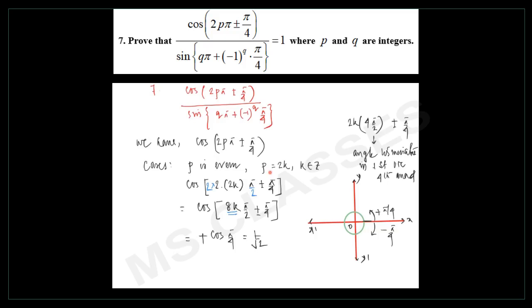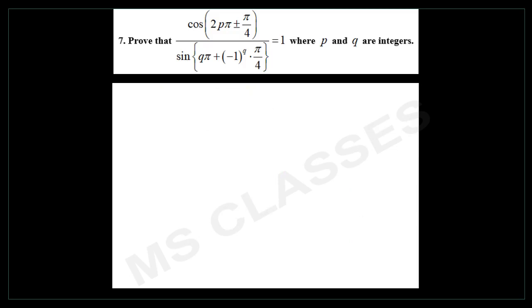Here it was an even number. Now we take the odd case. Case 2, when p is odd. Now when p is odd, p equal to 2k plus 1, where k belongs to the integers.